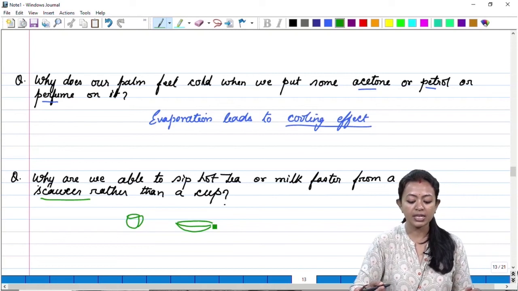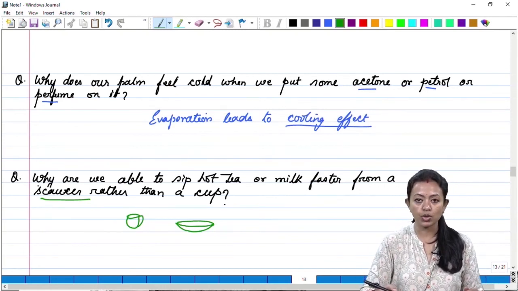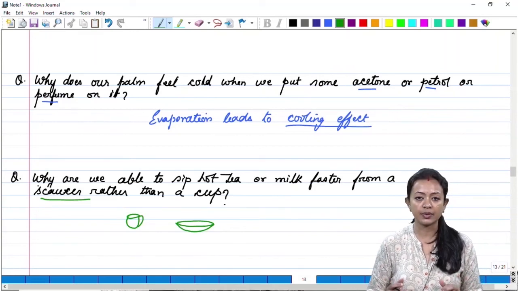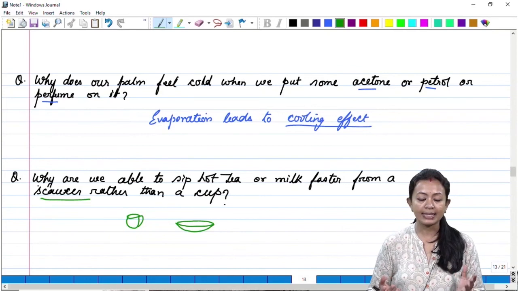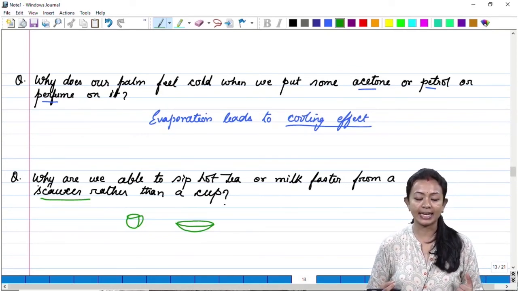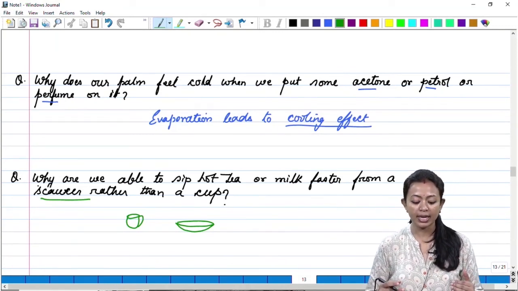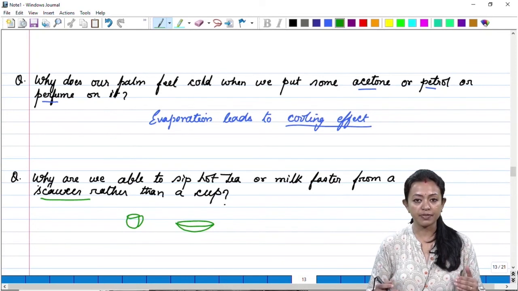So when you place hot tea or milk on a saucer, the surface area has increased, and as the surface area has increased, more particles are exposed to the surrounding, and thus more particles can absorb the energy from the surrounding and get converted from the liquid state to the gaseous state. So that's why the rate of evaporation happens faster, and we know evaporation leads to cooling.